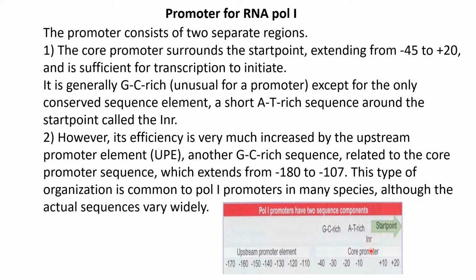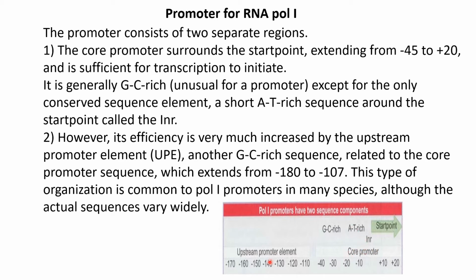The core promoter is mainly present around the start point and it is rich in GC sequence, except at the particular position where an AT-rich sequence is present around the start point, and this is known as the initiator. It is denoted by INR.